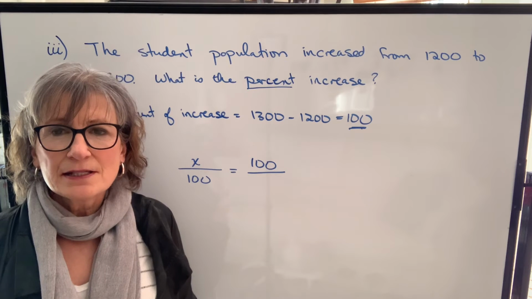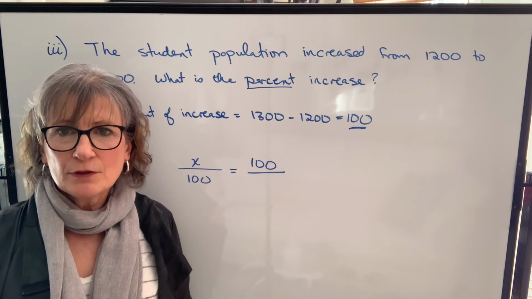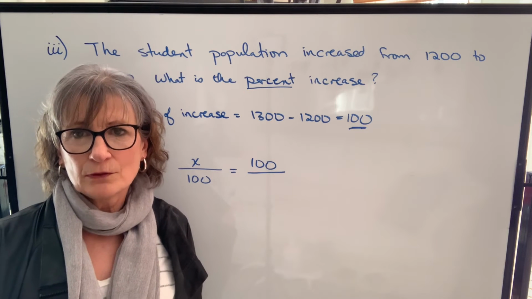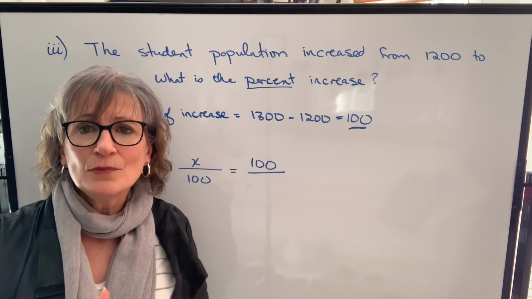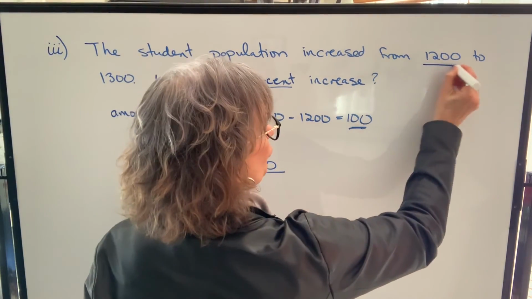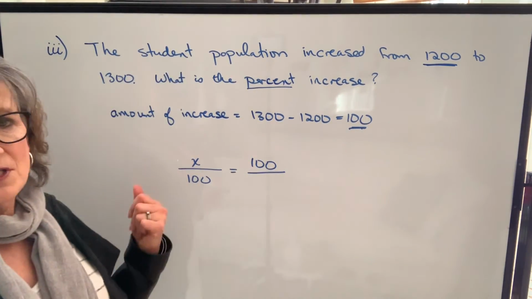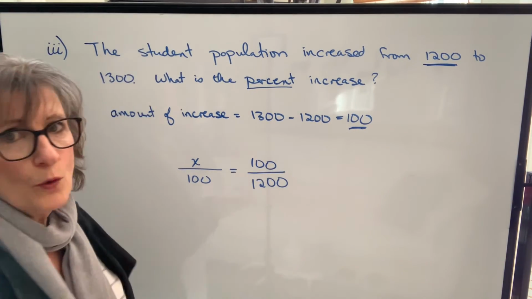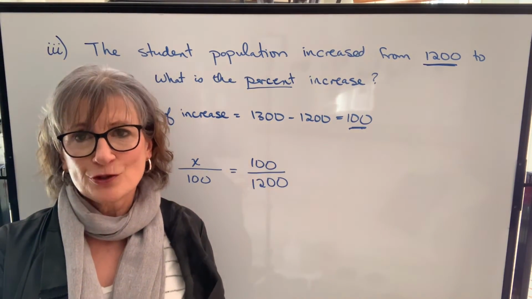And the rule is, whenever you're working with percent increases or percent decreases, you always have to use the original amount. So what did it increase from, or what did it decrease from? In this case, it went from 1,200 to 1,300, so we use 1,200 as our base. Always use the original number as your base.